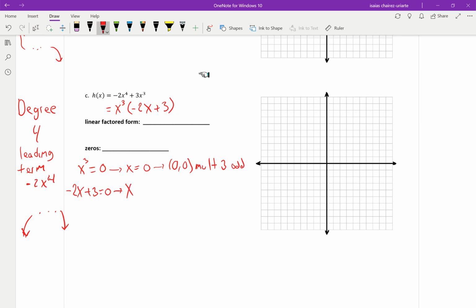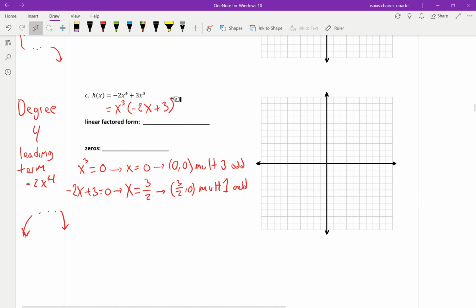I would have to subtract the 3, and then divide by negative 2. So negative 3 divided by negative 2 is positive 3/2. So then my x-intercept is (3/2, 0). The multiplicity is 1, which is also odd. I know that it's 1 because the exponent here is just a 1, even though it's not explicitly written there.